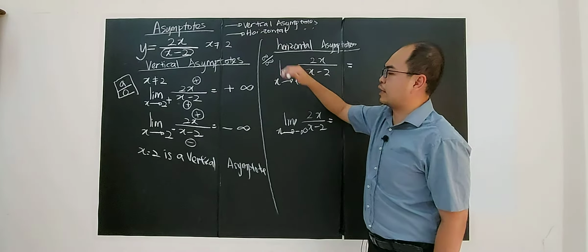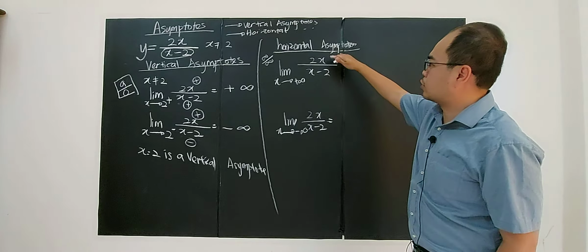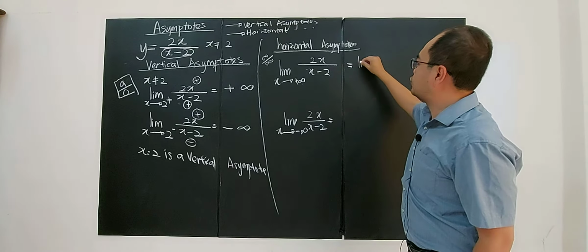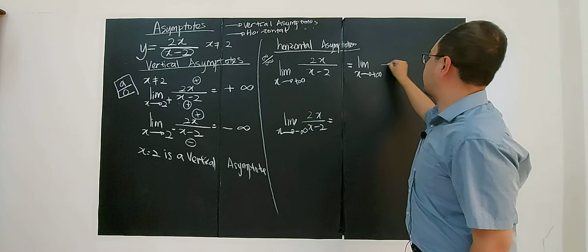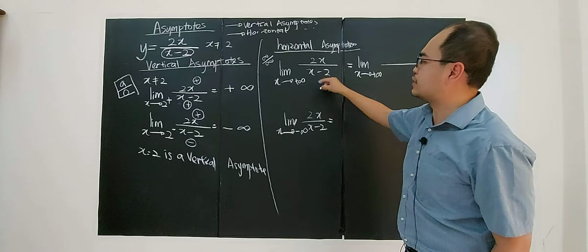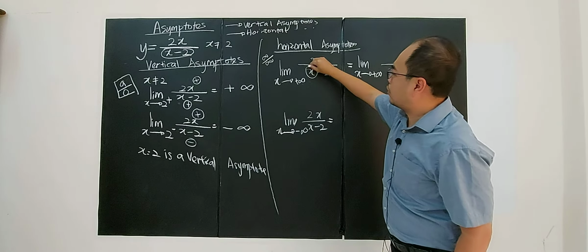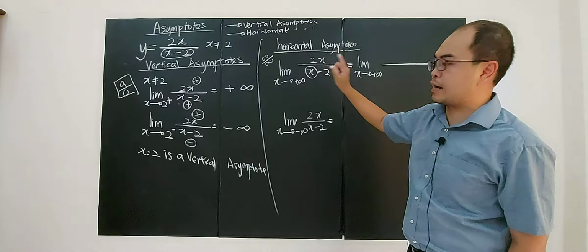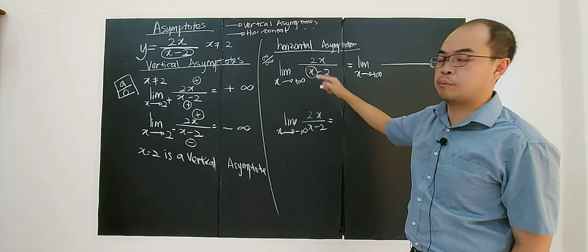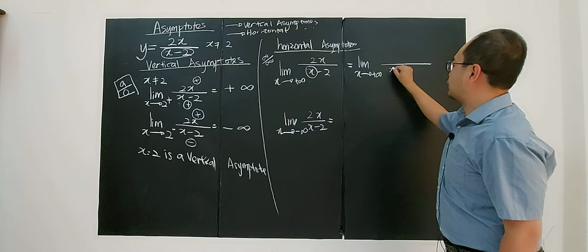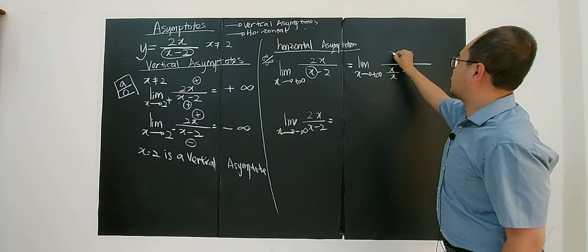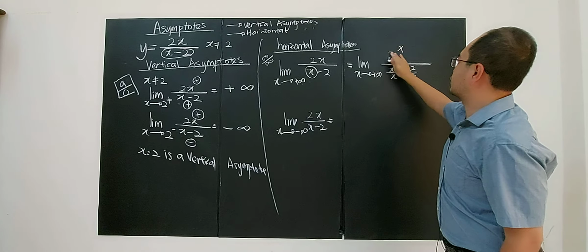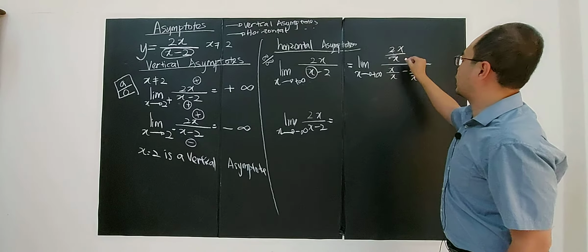So for this type of case, this is a polynomial. We are applying a technique where we divide everything by the highest degree of x from the denominator. So I divide everything by x: 2x over x.